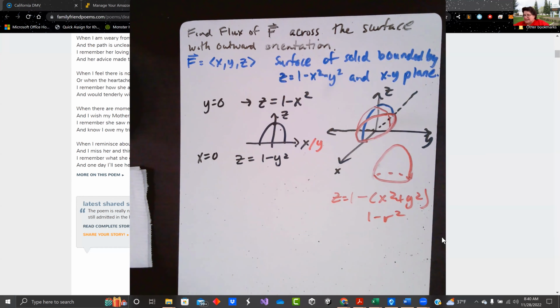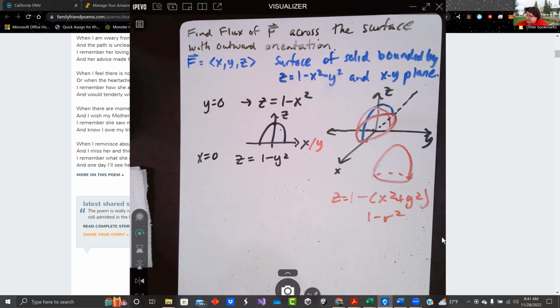F is what it says. It is literally x in the x direction, y in the y direction, and z in the z direction. So calculating the divergence of F isn't too bad.